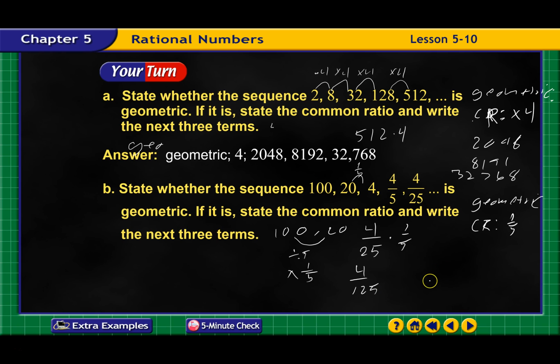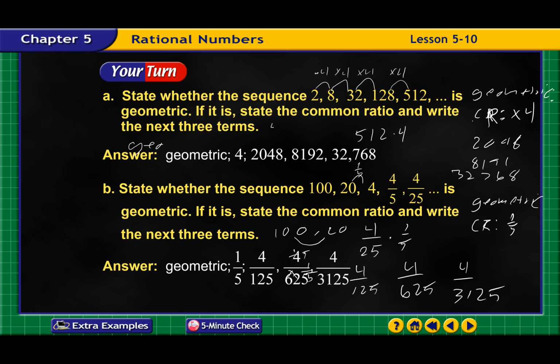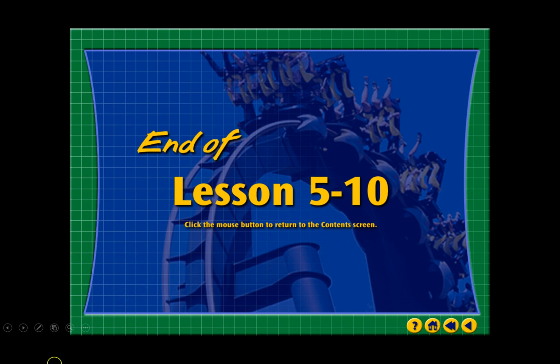And then 125 times 5 is 625, so 4 over 625. And I just did this again here. And then 625 times 5 comes out to 4 over 3125. Hey, I'm right. And that's all she wrote.